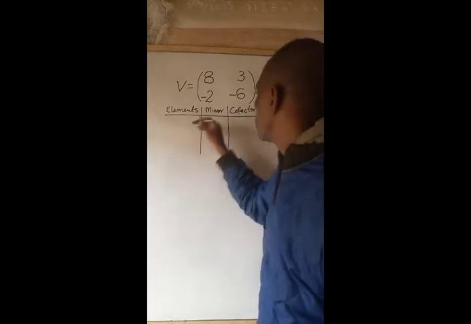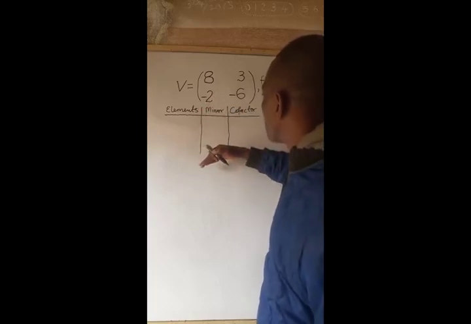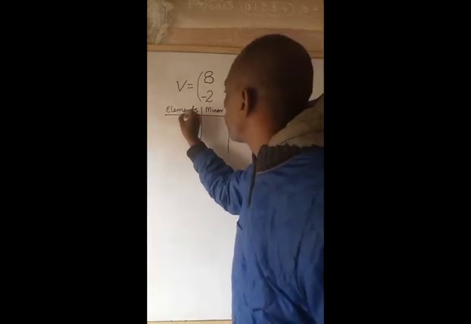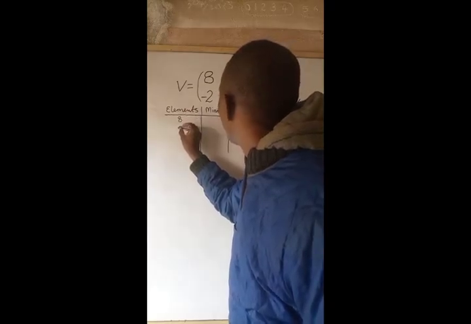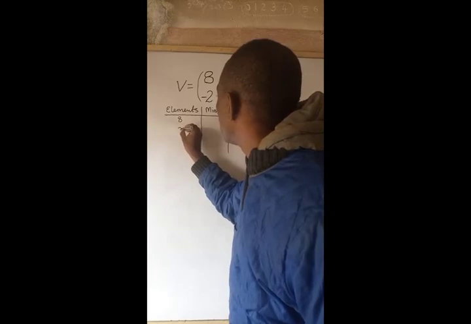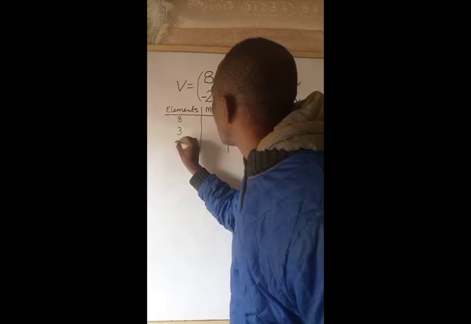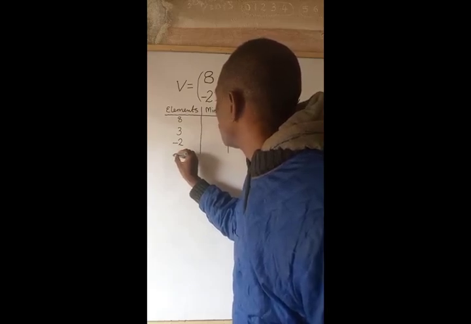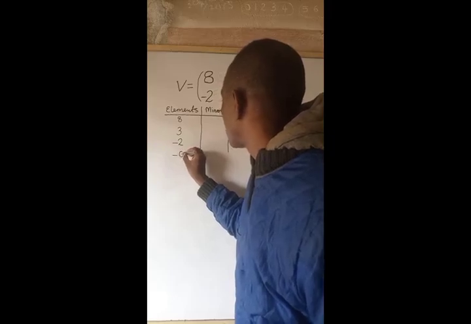Now coming to computing the minor and cofactor in a tabular form. The first row will be for the first element, the second row for the second element, the third row for the third element, and the fourth row for the fourth element, which is -6.